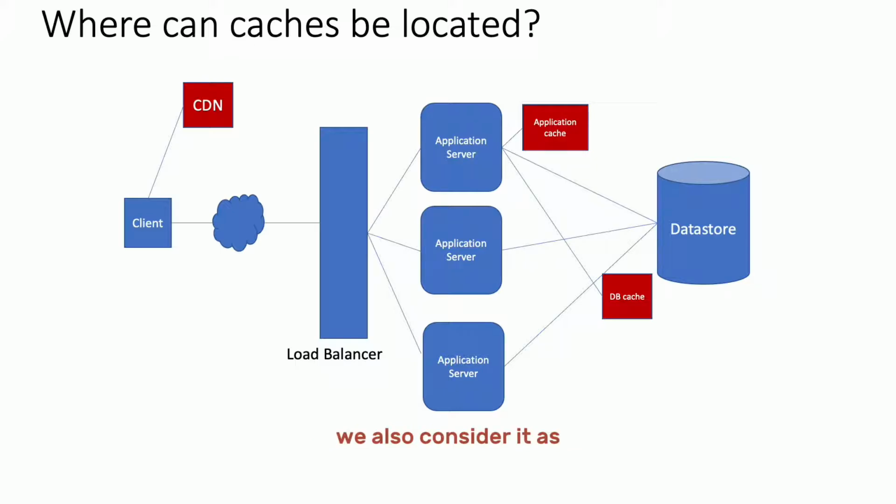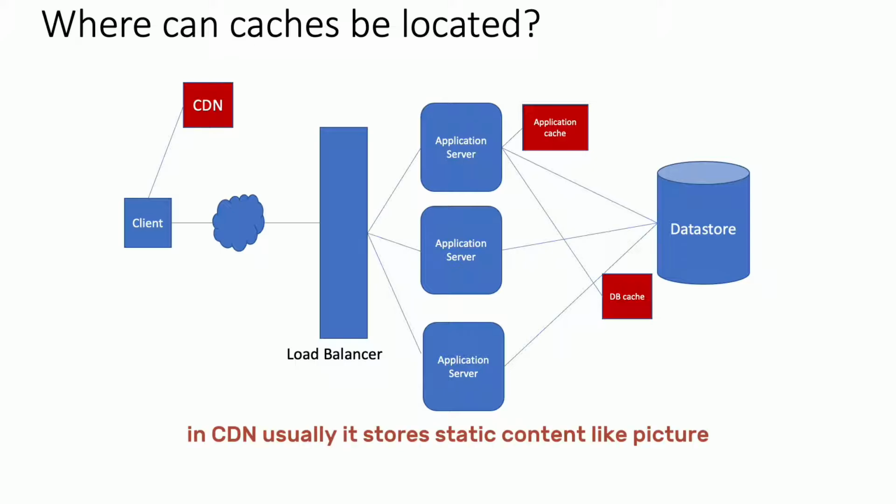We also consider it as one kind of cache, but I think it's different from other kinds of caches, such as the caches here. The data is stored in memory, but in CDN, content is not stored in memory.